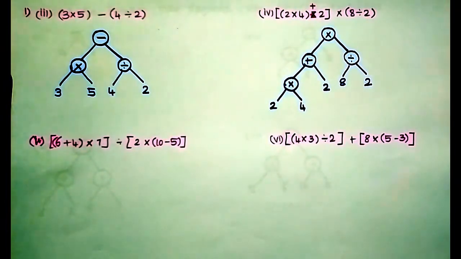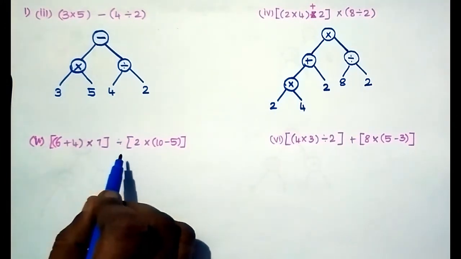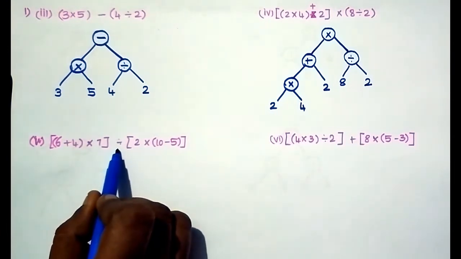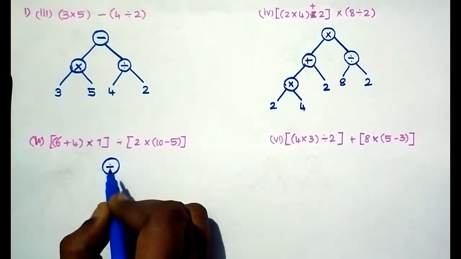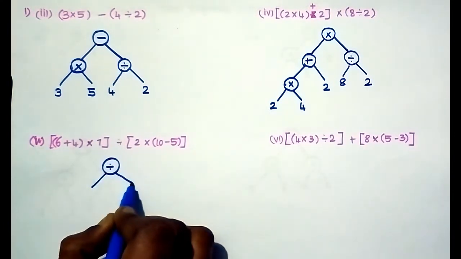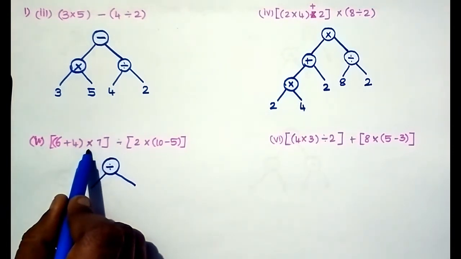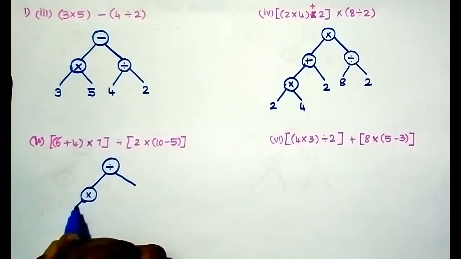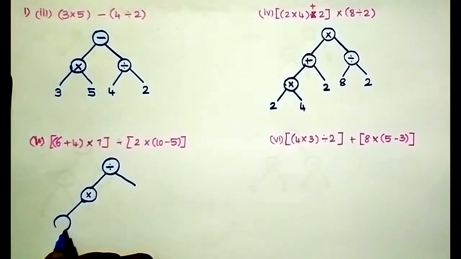That is the answer. Fifth one, 6 plus 4 into 7 divided by 2 into 10 minus 5. Listen, the main operation is division, this bracket and this bracket. In this bracket and 7, it is multiplication. So multiply that. What is that? 6 plus 4 and 7. How will you write 6 plus 4?